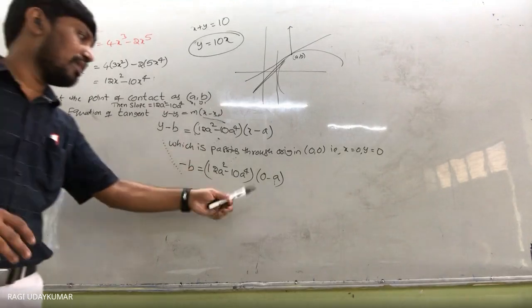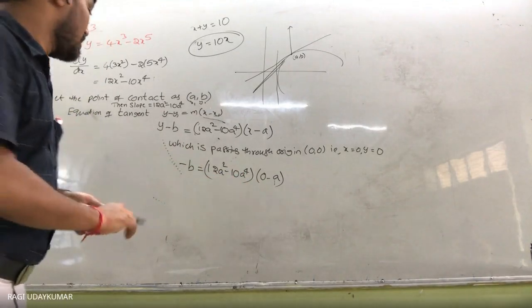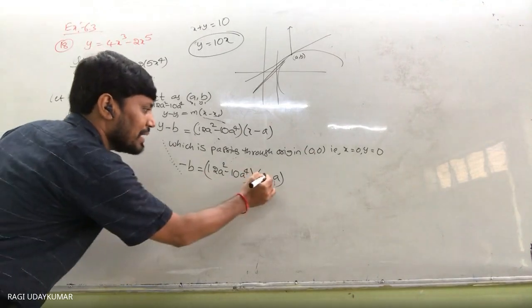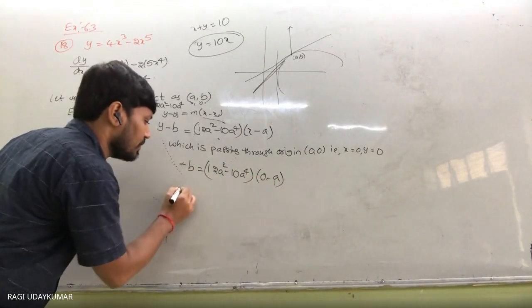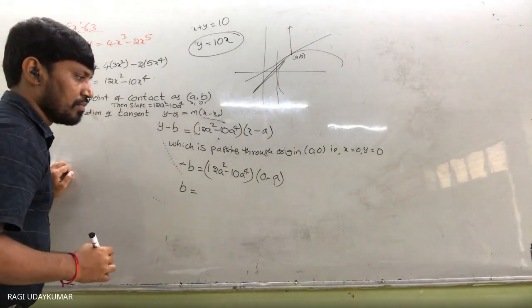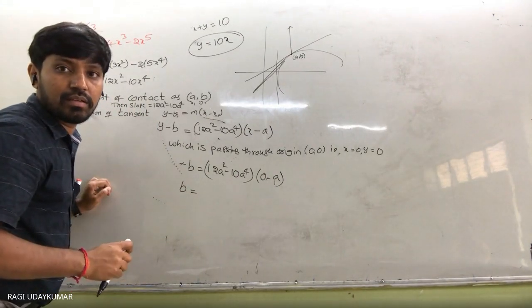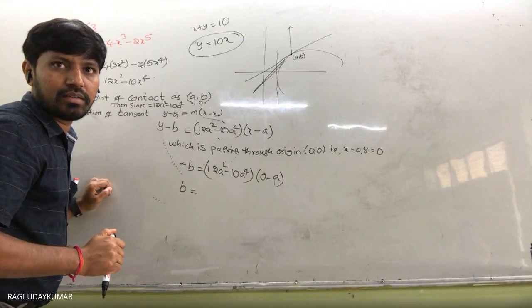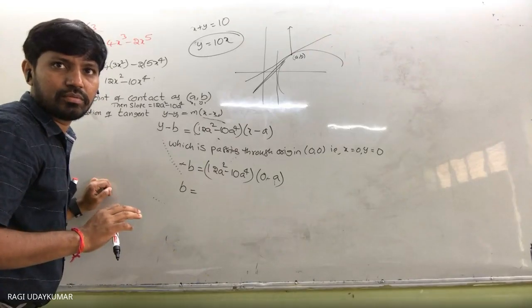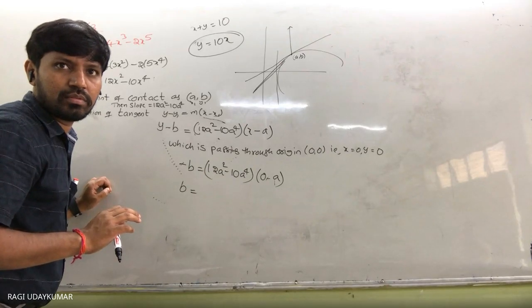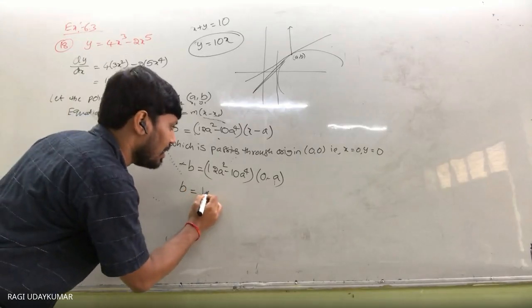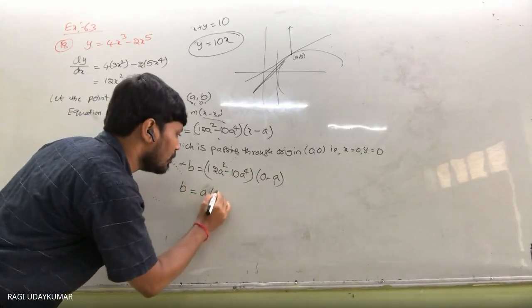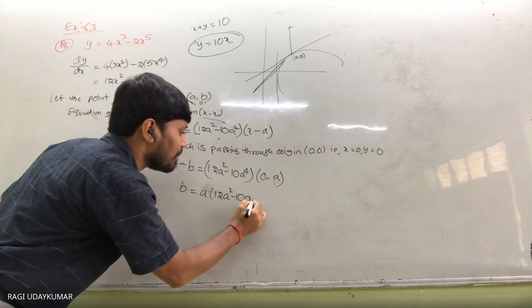Simplify here, minus and minus will get cancelled. b is equal to something, a into 12a square minus 10a power 4.